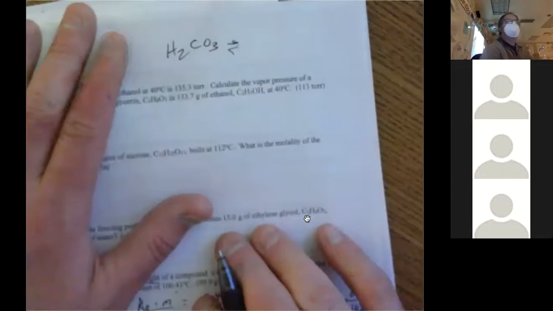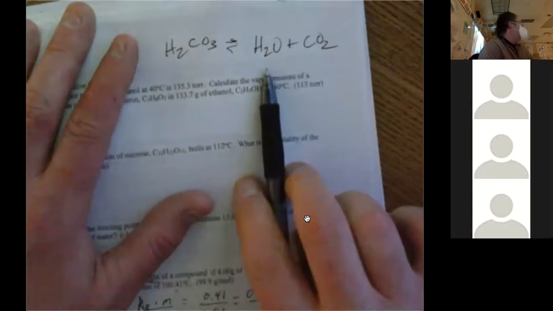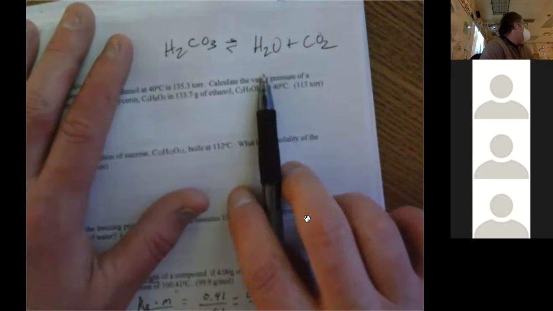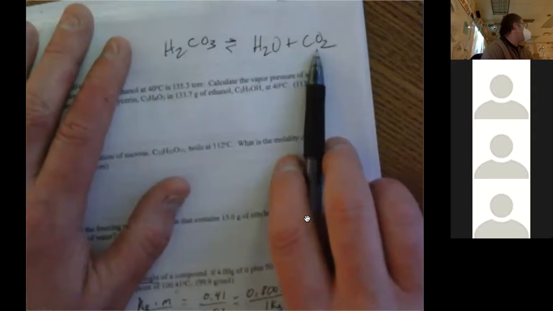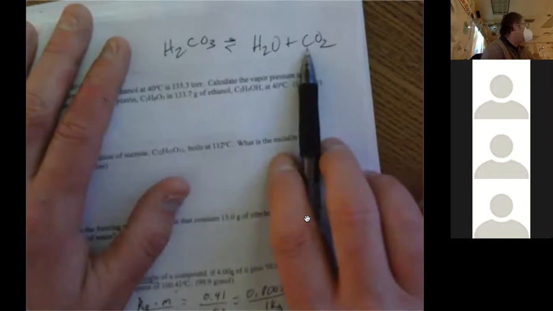Remember that from our reactions last year? Water and carbon dioxide. So your body makes this, and then it breaks down into water and carbon dioxide, so you start breathing out more carbon dioxide. Yep, and that's what allows your body's blood pH to not go lower than 7.3.